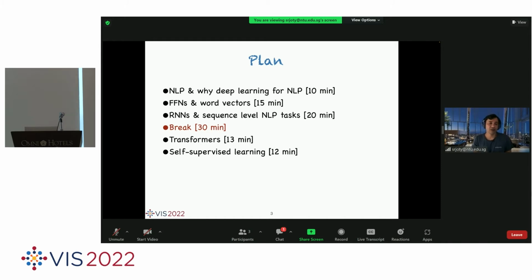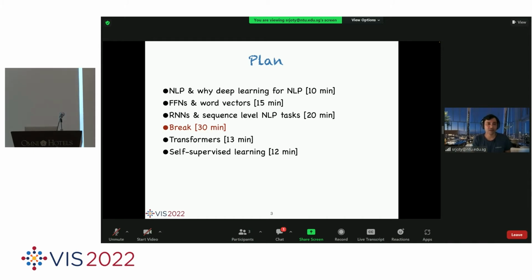And then we are going to see a bit more complex one, which is recurrent neural networks, and see its applications in sequence level NLP tasks. And then we'll go for a break, and after coming back from the break, we'll see more advanced architectures like transformers, again seeing the applications across all different NLP tasks. And finally, if time permits, we'll also cover self-supervised learning, which is very hot now.